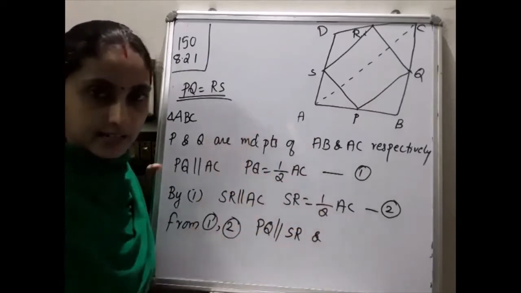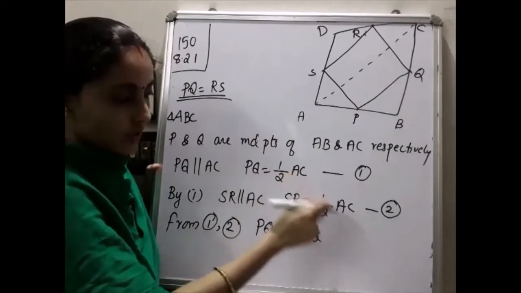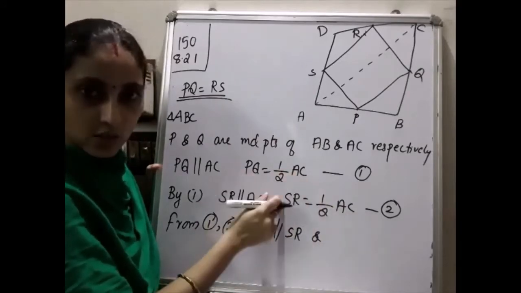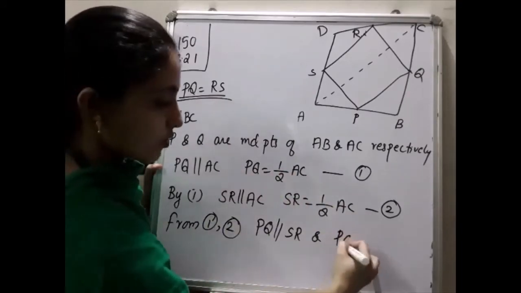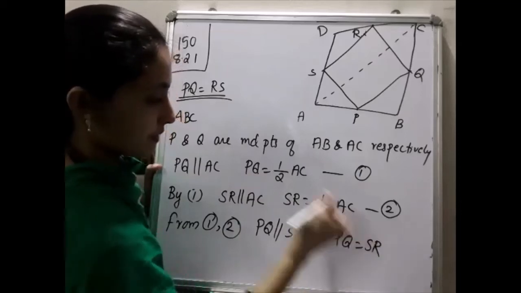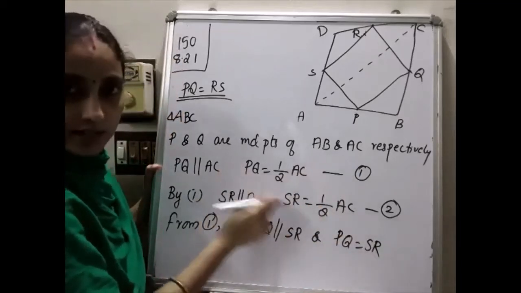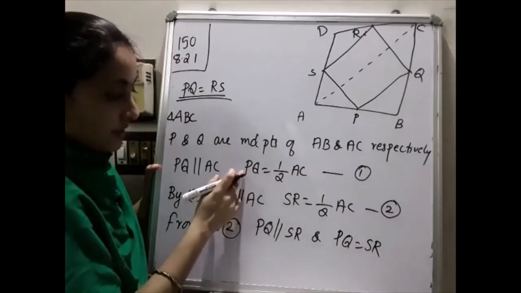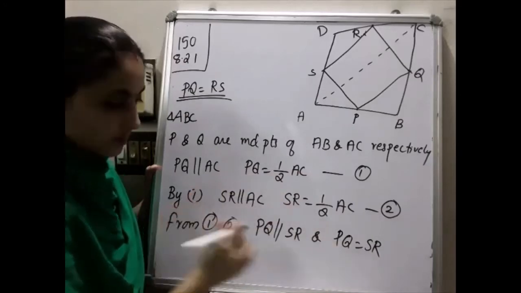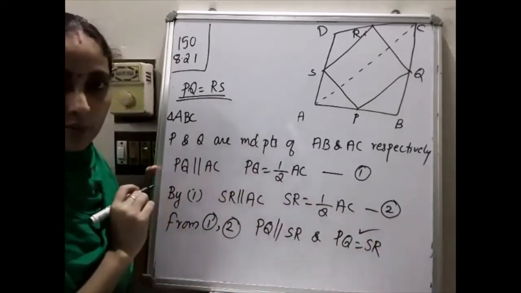The right-hand sides of the equations are the same, so you can equate them. So PQ is equal to SR. This we had to prove, and we have already proved it.